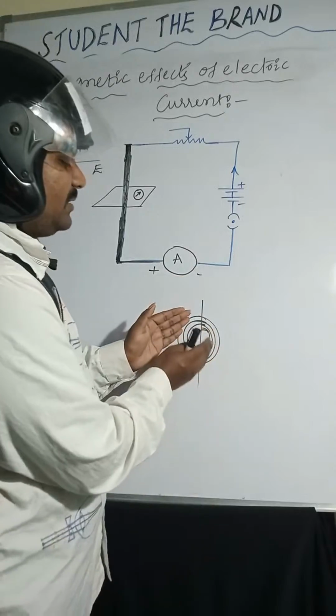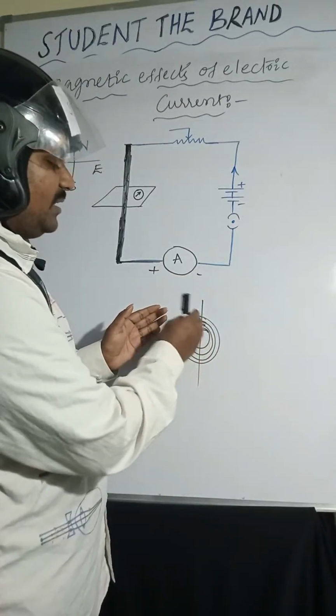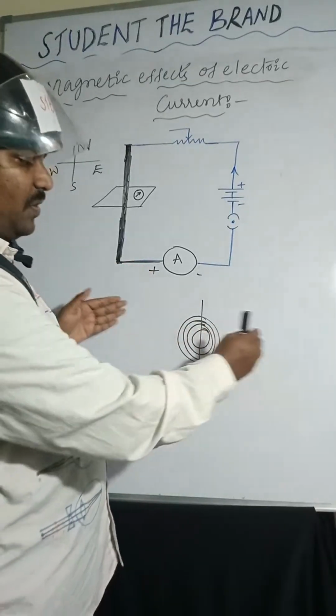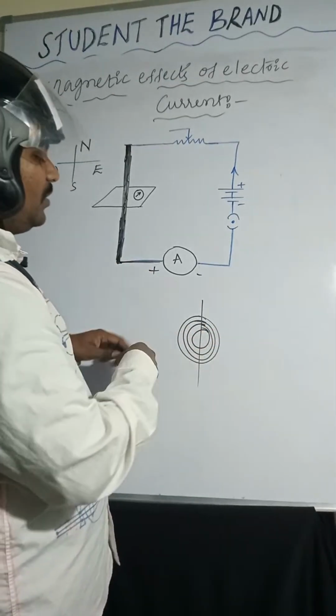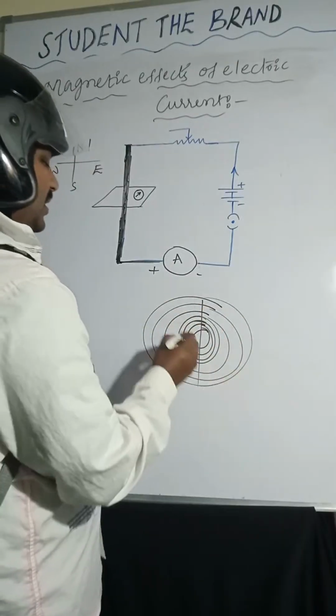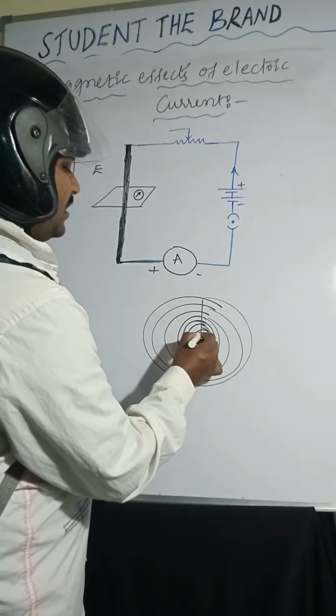Near to the conductor, where more concentric circles are there, the magnetic field will be more.